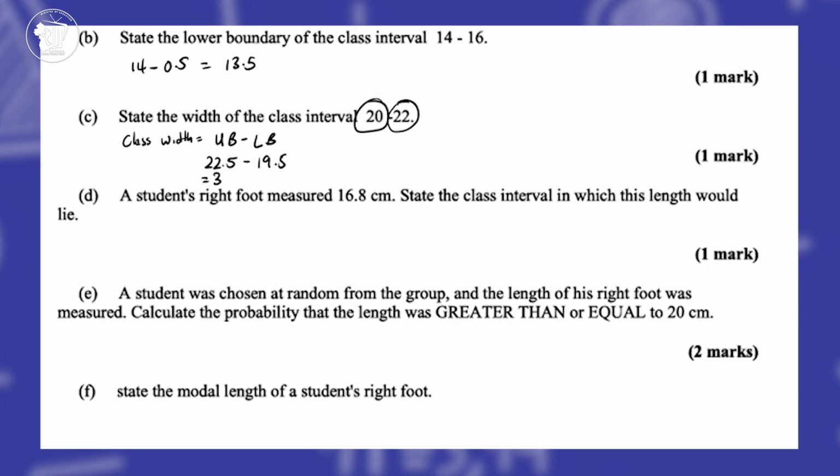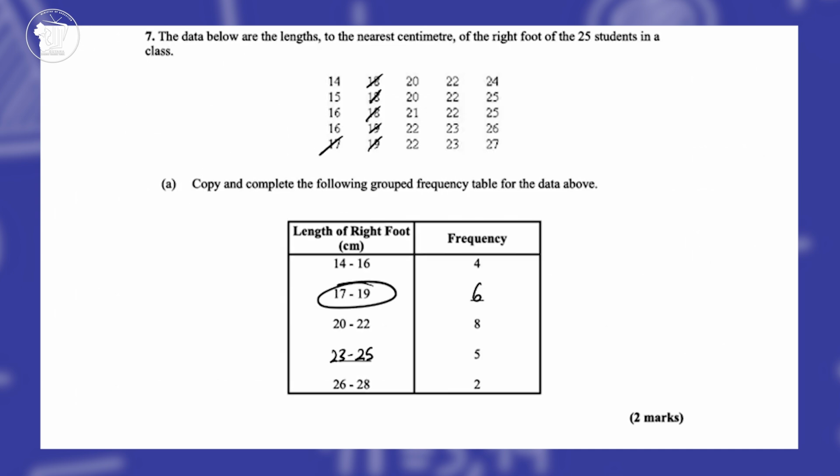The next question says, a student's right foot measured 16.8 cm. State the class interval in which this length would lie. So you have 16.8. We know the boundaries for one class would be 16.5 to 19.5. You want to know where 16.8 would fall in, and that is the purpose of the class boundaries, to help you decide where to put measurements or scores like these, in this case lengths like these.